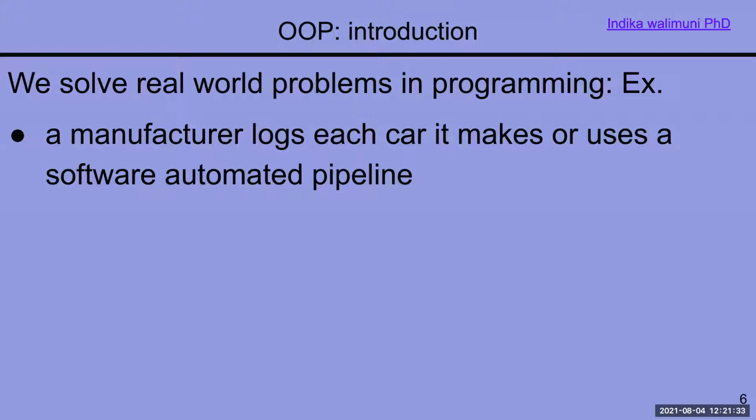A car maker may want to interpret a car in its software package, simply to follow the automated pipeline, or for logging purposes in their databases, like how they record each car they make.